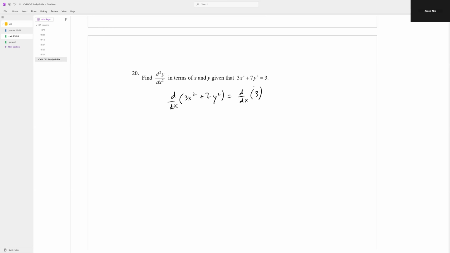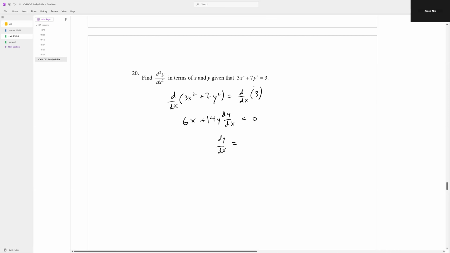So that's going to come out to 6x plus 14y dy/dx, and the right side is 0. Okay? And then we're going to try and isolate dy/dx. And once we've isolated dy/dx, we can do another derivative to find the second derivative.